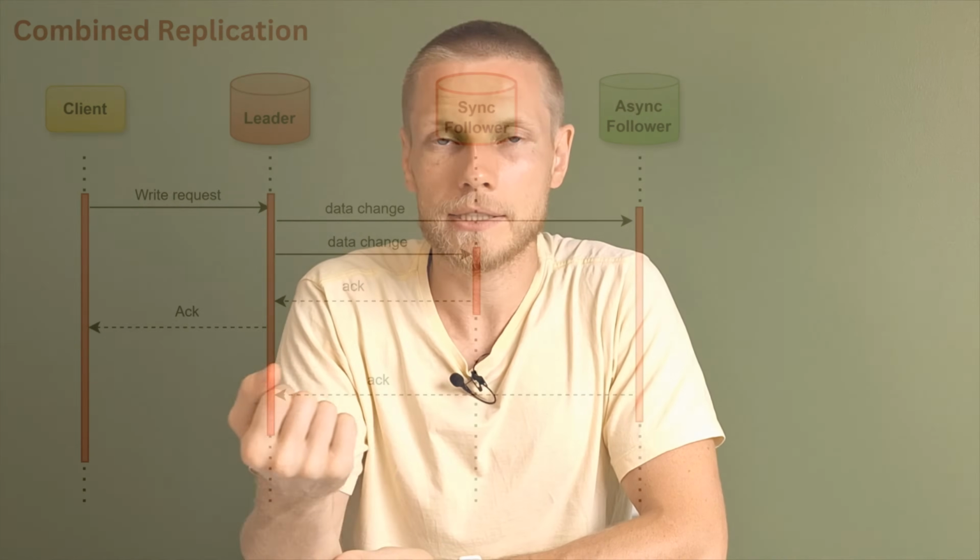But in fact, the choice between synchronous and asynchronous replication is not binary. In practice, most databases allow setting this synchronous property not on a system level, but on each follower level. It means that we can configure which followers will be synchronous and which will be asynchronous.